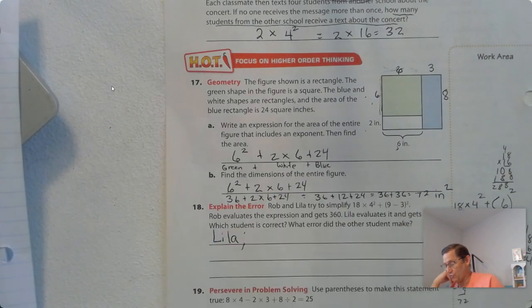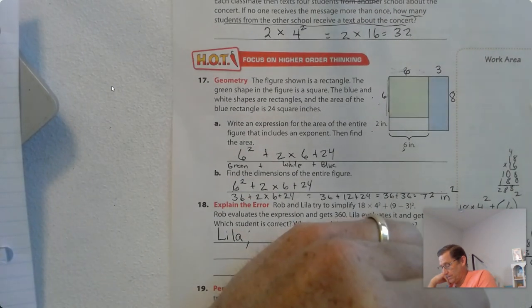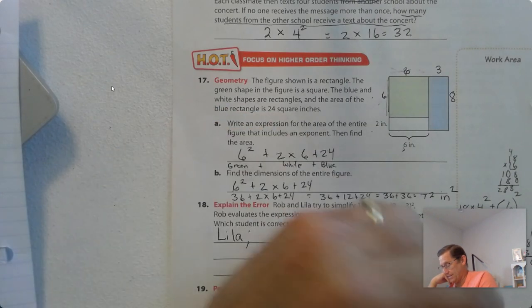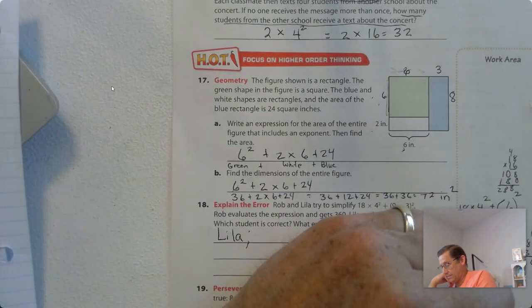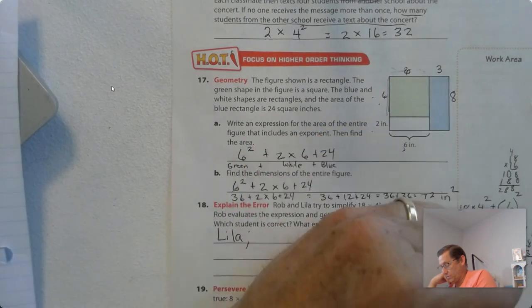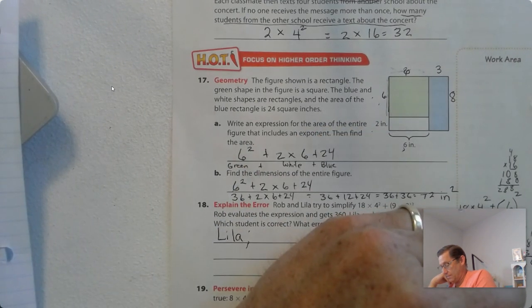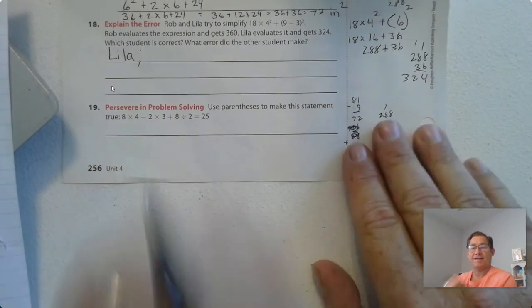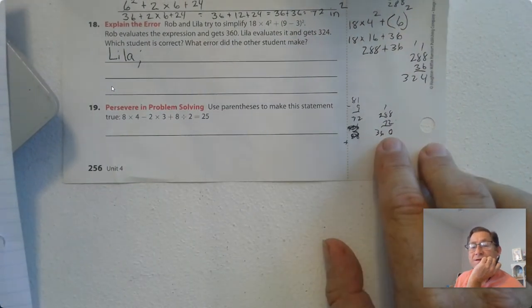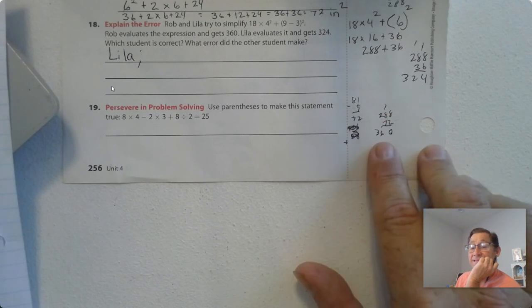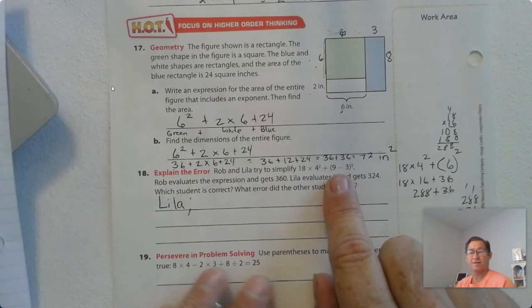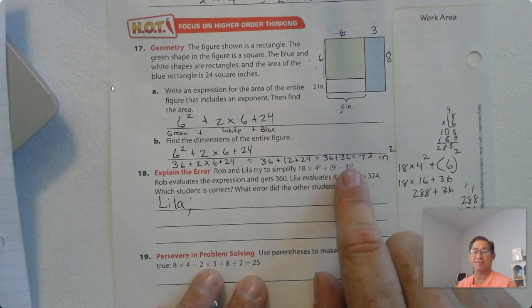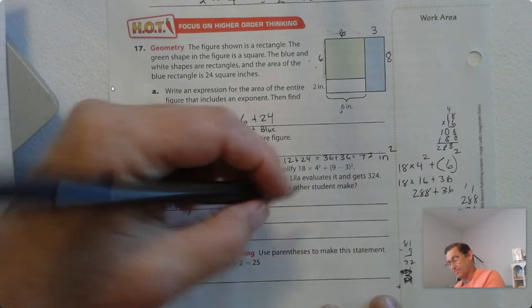That would be 72, plus 16, 88, 88 plus 72 plus 288. Okay, so I'm just doing some guessing and checking here. If I add 72 to 72 to 288, I get 360. So how did he get 72? He would have had to double both of these. So he did 9 squared minus 3 squared instead of subtracting first.